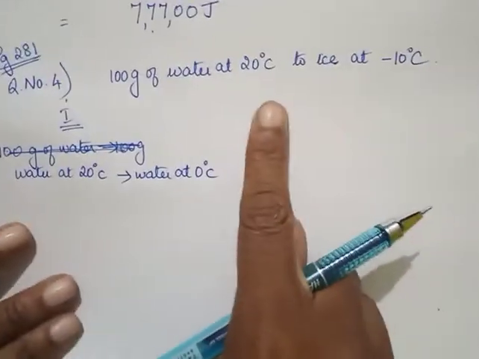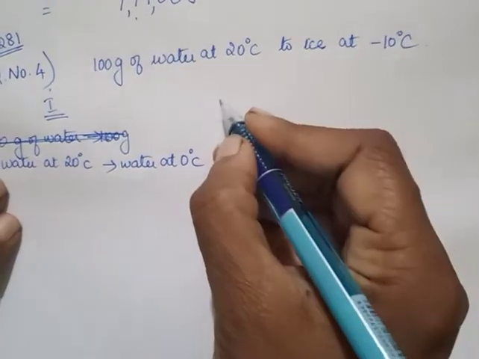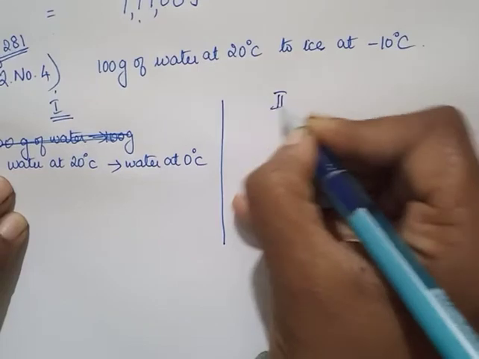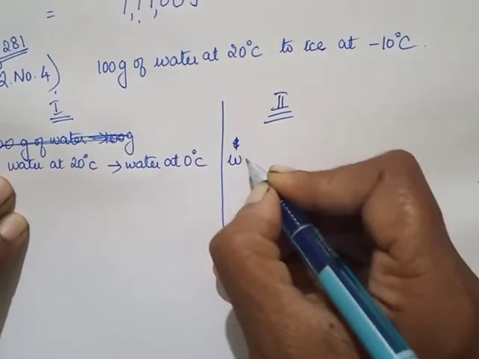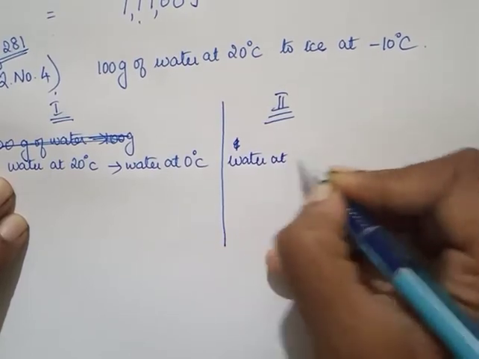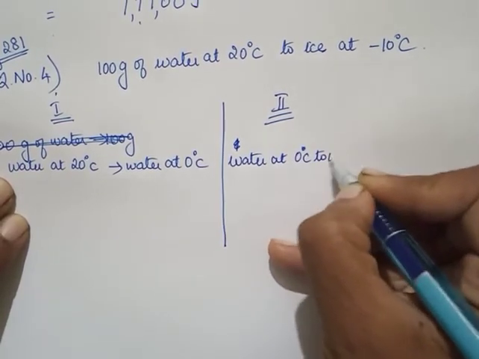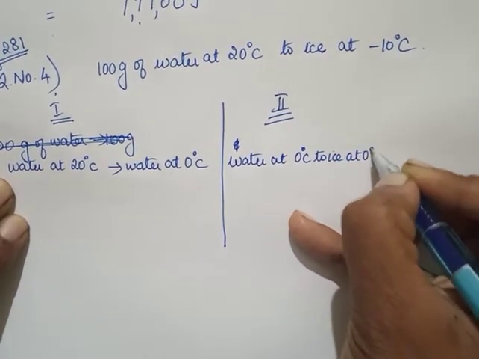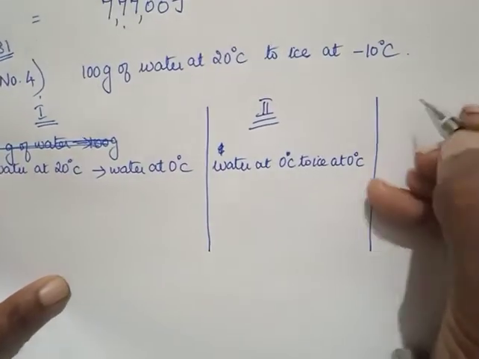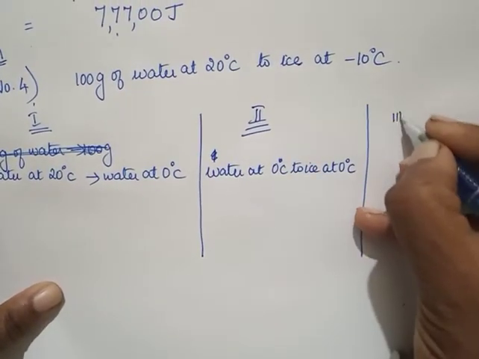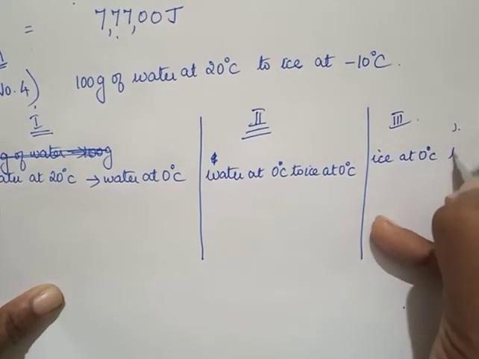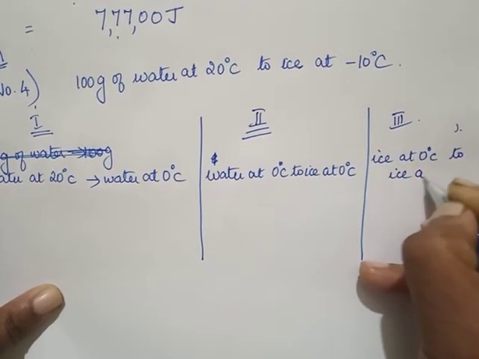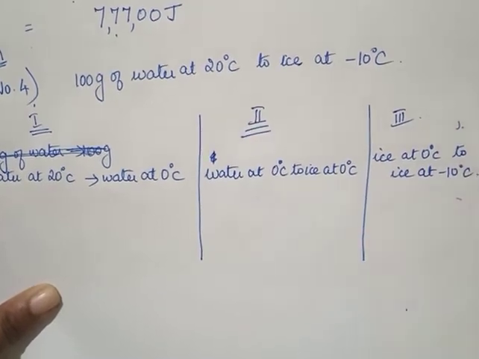It has to become water at 0, then only it can go to the second process, freezing. That is, water at 0 has to change to ice at 0. And then ice at 0 has to change to ice at -10 degrees Celsius.